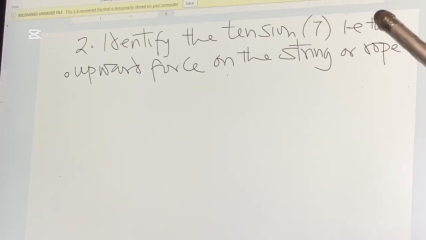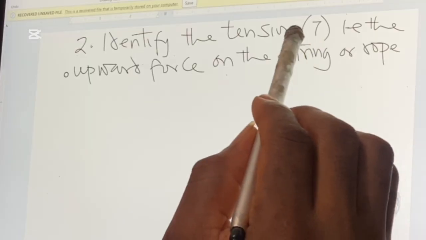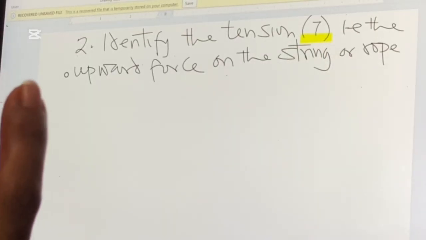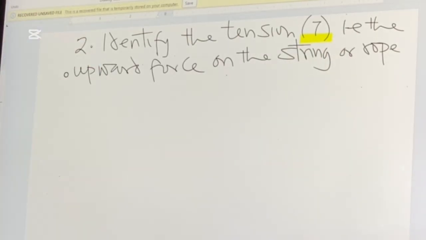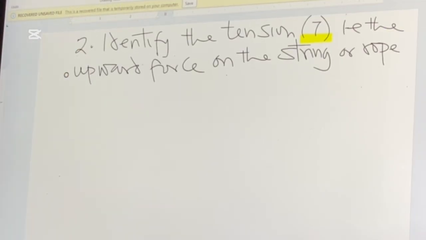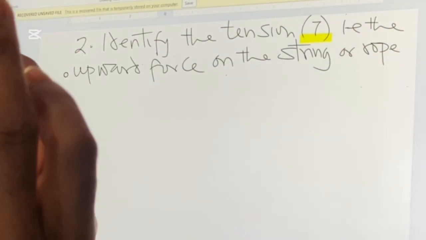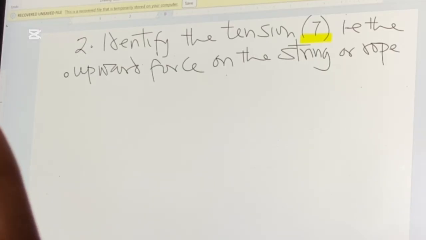Okay, identify the tension T. Now, what is tension here? Tension is the force felt on a rope or on a string. Please take note. Any force that is felt on a rope or on a string, we call it tension. So, which direction do we identify the tension? It's always the upward force on that rope.